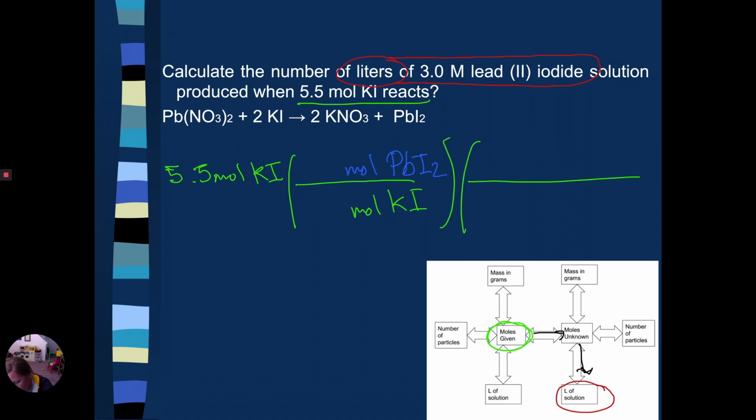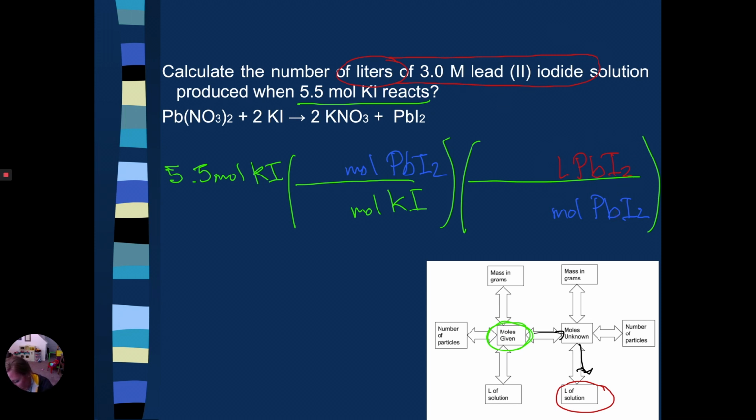Okay, I'm then leaving lead iodide and going to liters of it. Okay, got our setup. Once again, we got our diagonal patterns here. The only thing left is the thing I have circled.